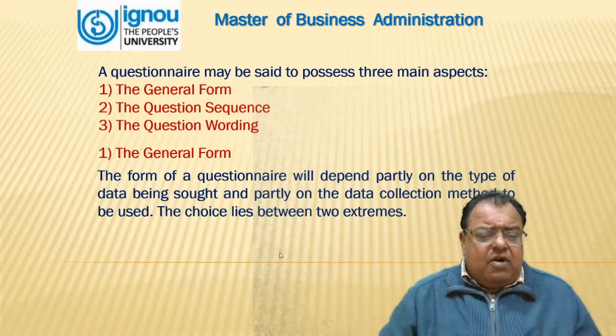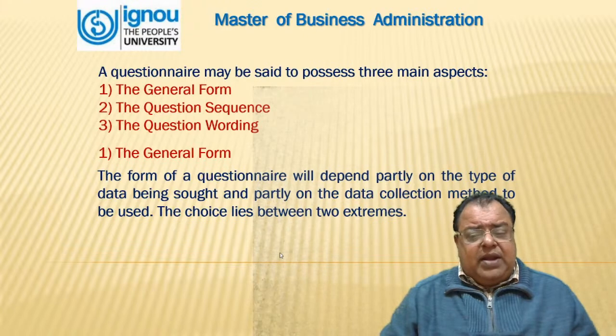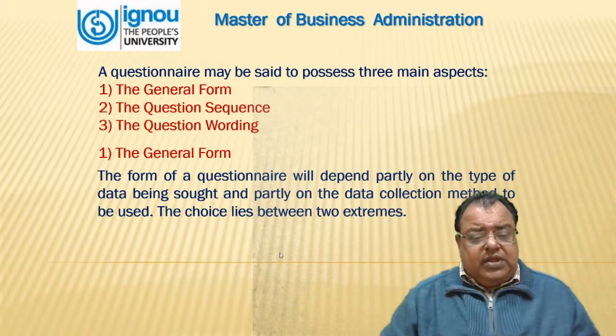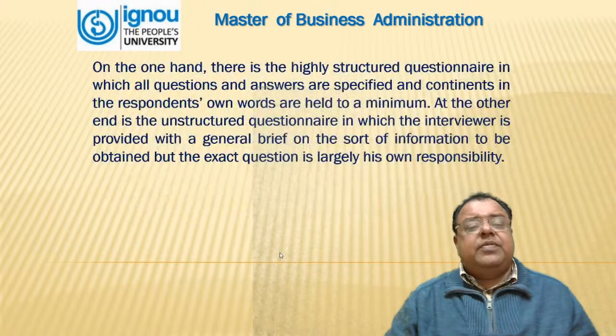As far as the general form is concerned, the form of the questionnaire will depend partly on the type of data being sought and partly on the data collection method to be used. The choice lies between two extremes.